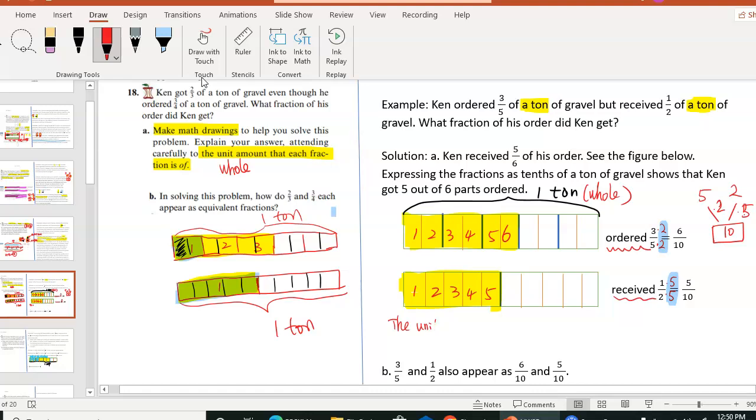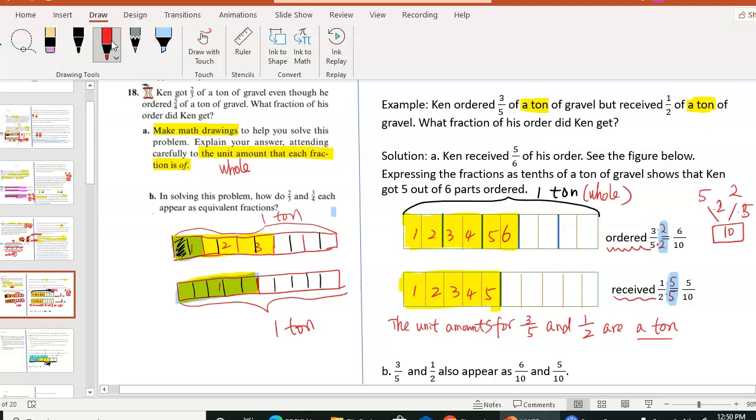The unit amount, or the whole, for 3/5 is right here, a ton. Actually, for both of them it's the same, so to save some writing, I'm just going to write these 2 together. For 3/5 and 1/2, the unit amount for both of them is a ton. Okay, so that's the unit amount or the whole.